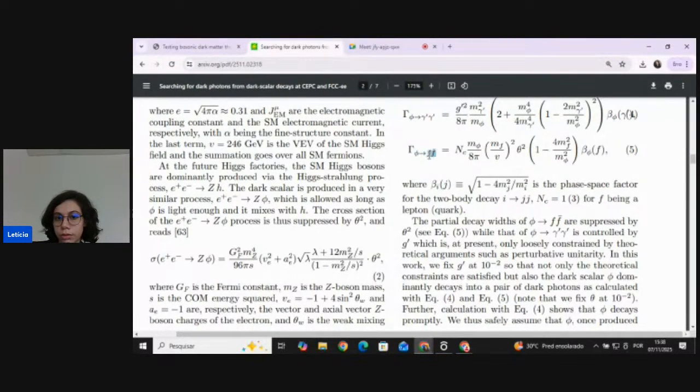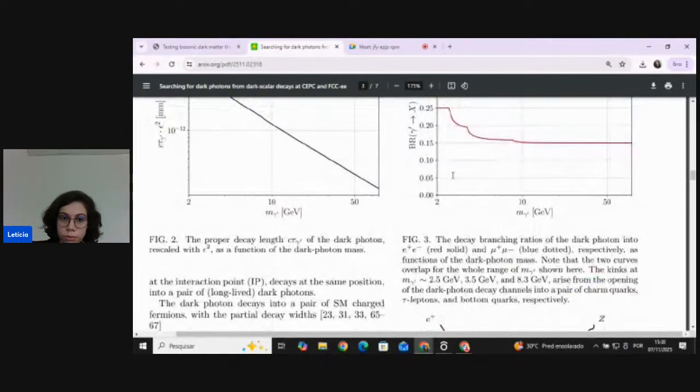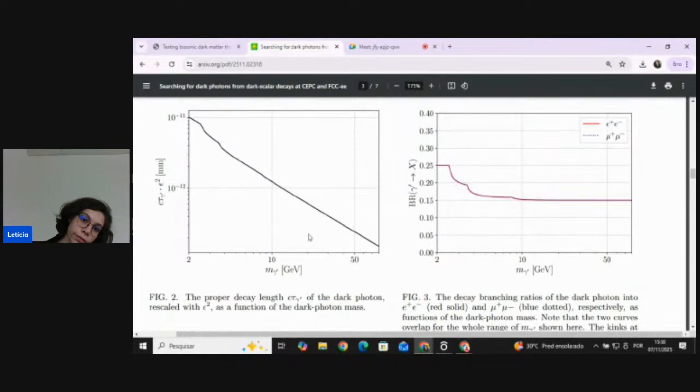This scalar field can decay in fermions, but it will mostly decay on dark photons. Here you have, okay, if we consider a mass for the dark photon to be too big, it will decay more rapidly. So they focus on two, but we can't consider a mass too small. So they consider 2 GeV up to some GeV, but as you can see here, in the y-axis is the proper decay length.